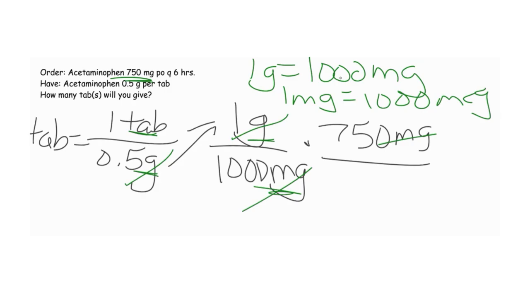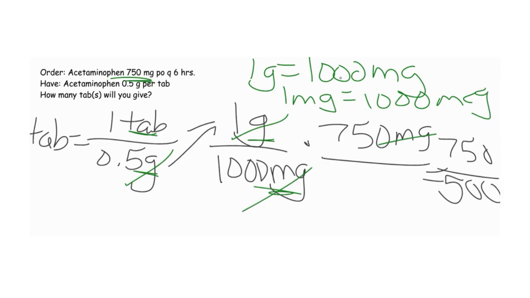And when we do solve, we get 1 times 1 is 1. 1 times 750 is 750. Right? 0.5 times 1,000 is 500.